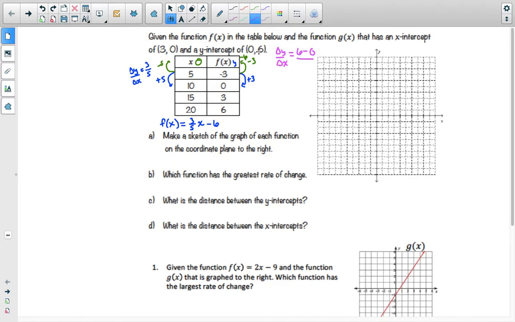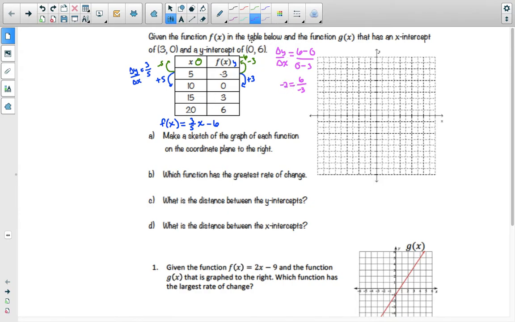So if I started with 6 first, I have to use my 0 on my x, minus my other x, which is 3. 6 minus 0 is 6. 0 minus 3 is -3. This simplifies to -2. This is my slope for g of x.